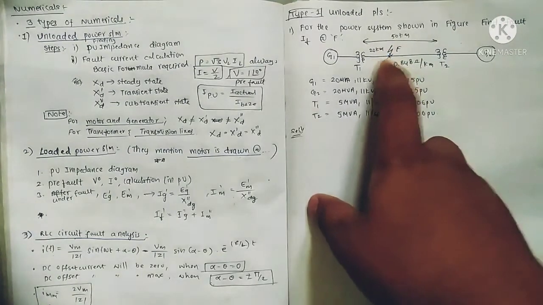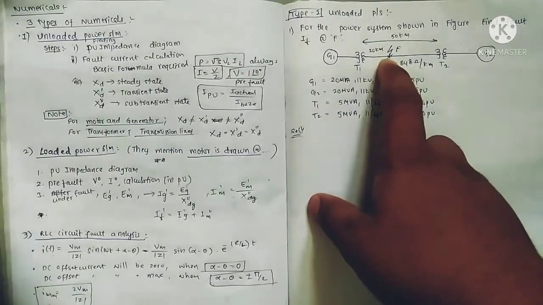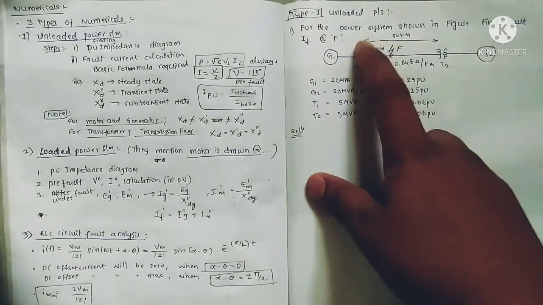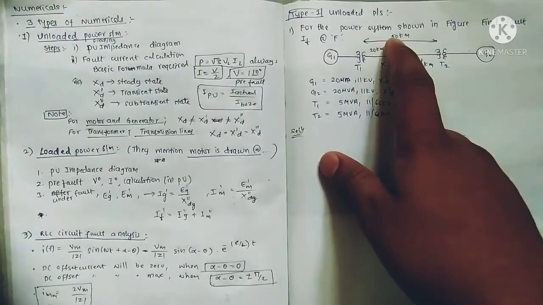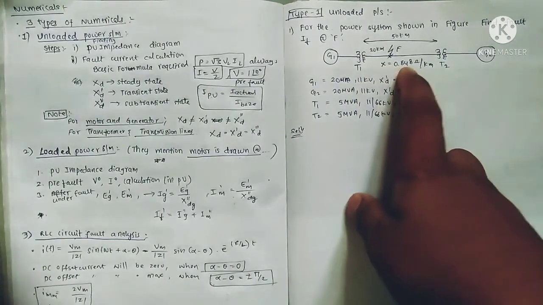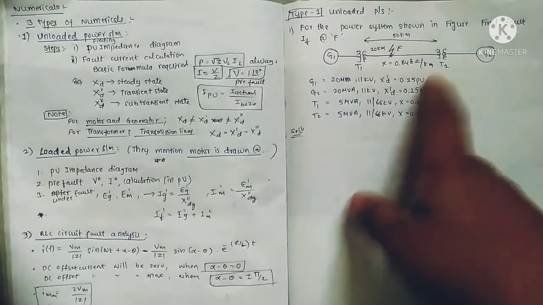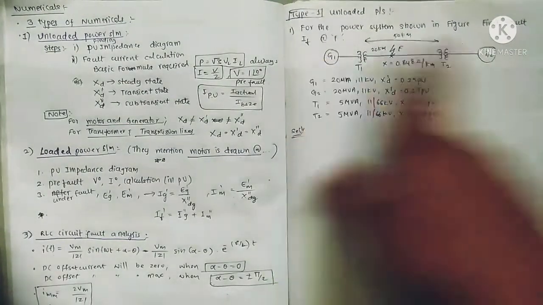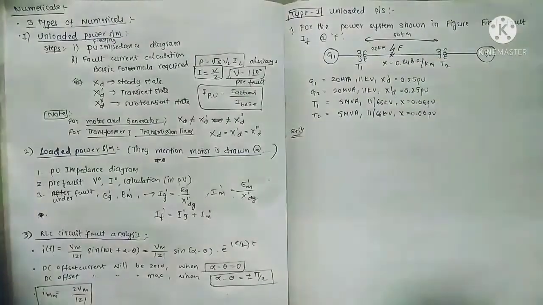The fault occurs in the middle of a transmission line, 20 kilometers away from T1. The entire transmission line length is 50 kilometers, and X is given as 0.48 ohms per kilometer. All ratings of the generators and transformers have been given.